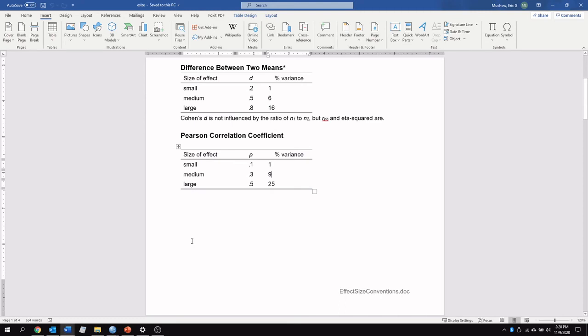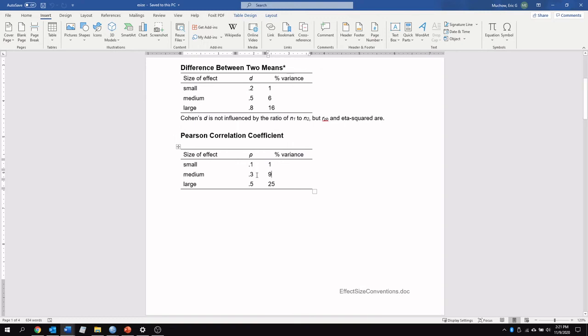And if you're looking at a 1 or a negative 1, you're basically looking at the same variable. And if you look at this percent of variance over here, we're going to explore this a lot more when we look at regressions. But this is the percent that one variable accounts for the other.